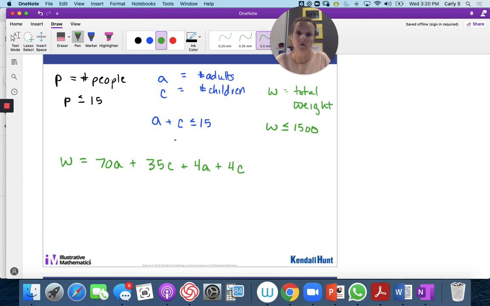That's going to be my total weight, but we've said that the weight has to be less than or equal to 1,500. So we know that 1,500 has to be the biggest, and then all of this stuff has to be smaller than it.